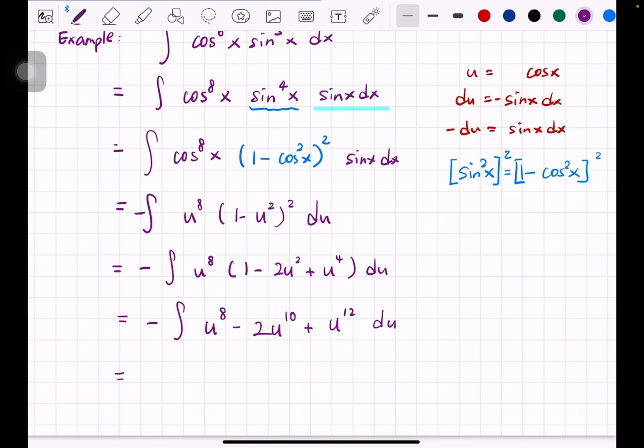Using the power rule, we got u to the 9th power over 9 minus 2 times u to the 11th power over 11 plus u to the 13th power over 13.